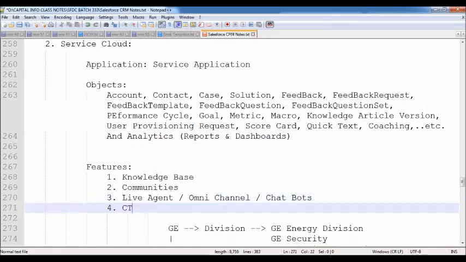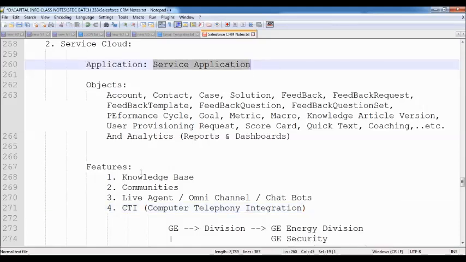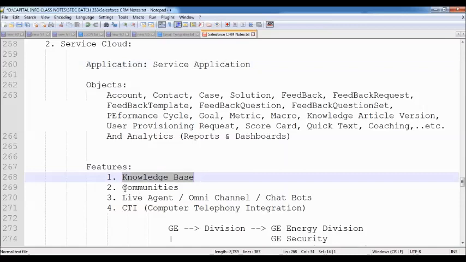And the fourth one, Salesforce has given a feature called CTI, that means computer telephony integration. These are four more additional features given by Salesforce as part of the Service Cloud. As part of the Service Cloud, not only the service application, we also have the knowledge base feature, communities feature, live agent feature, and CTI feature available.